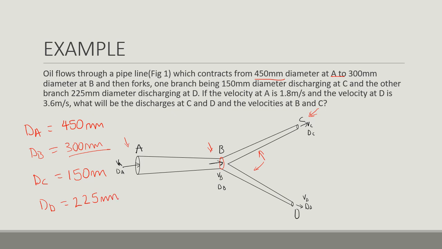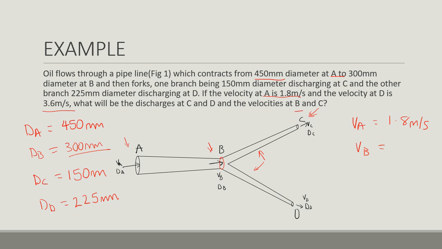Now, if the velocity at A is 1.8 meter per second and the velocity at D is 3.6 meter per second. So velocity at A is 1.8 meter per second. Velocity at B, were we given velocity at B?